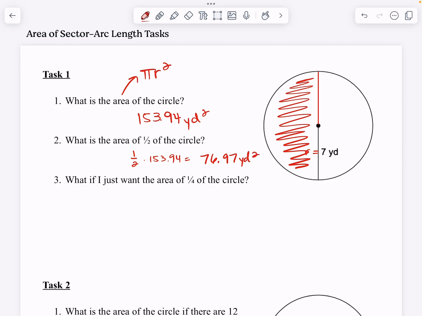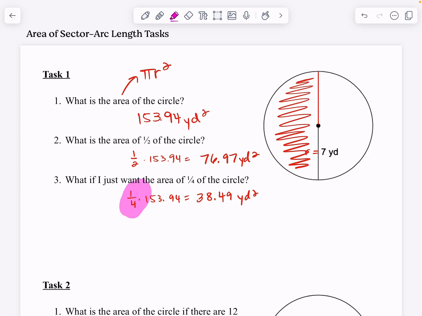Or if I wanted a fourth of it, I would just take a fourth of 153.94, and it would be 38.49 yards squared.